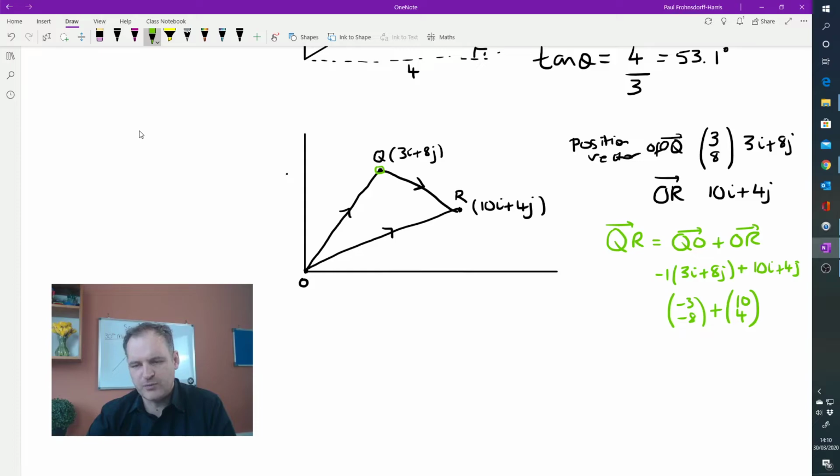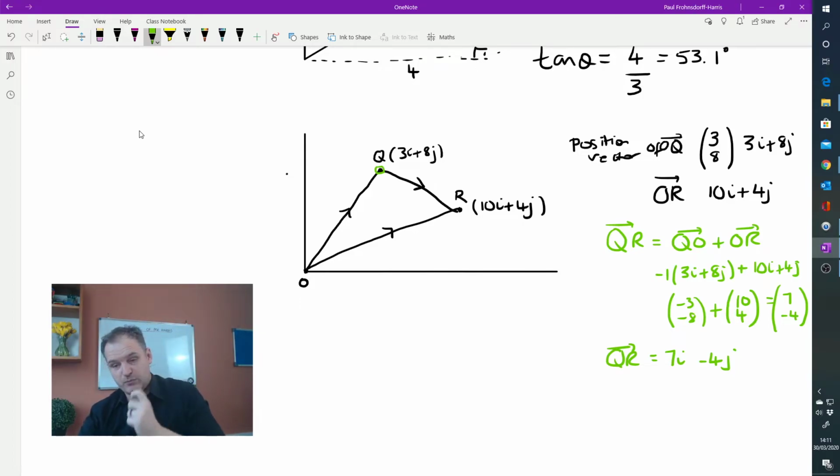When you're adding your vectors together, top added together gives you 7, bottom added together gives you minus 4. So we can see QR must equal 7i minus 4j. We call this the resultant QR, or the resultant of QO and OR.